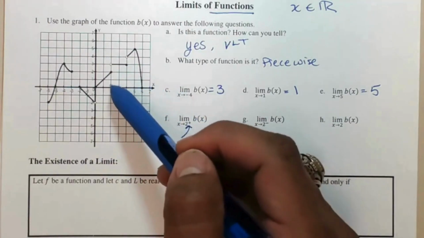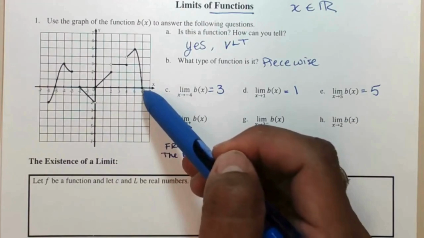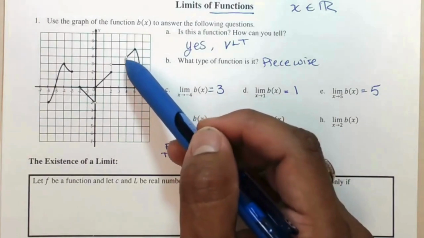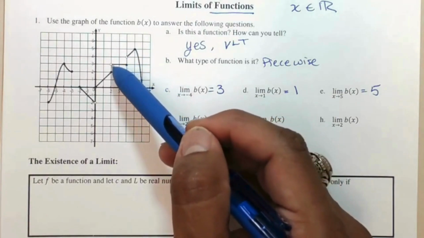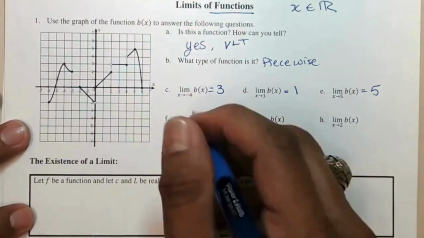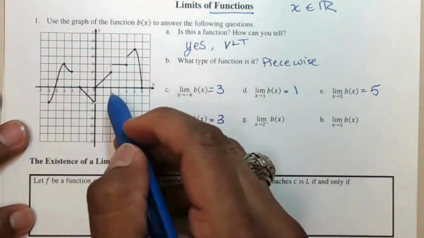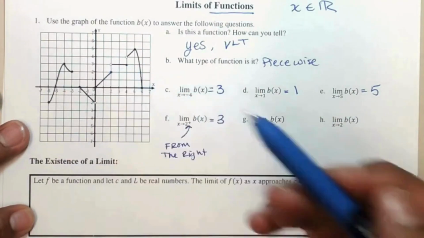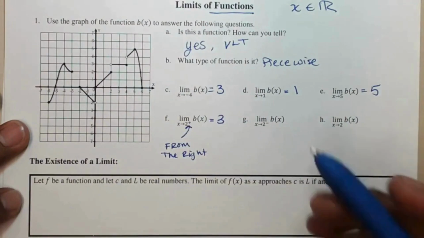So 2 is here. If I'm approaching 2 from the right part of my graph, you can go as far right as possible and get closer and closer to 2. What is my output? Well, it's 3. Going from the right, getting closer and closer to 2, our output is 3.